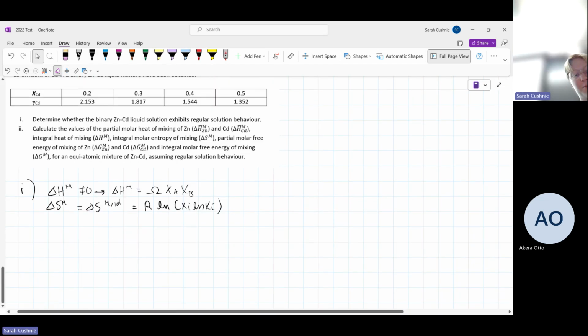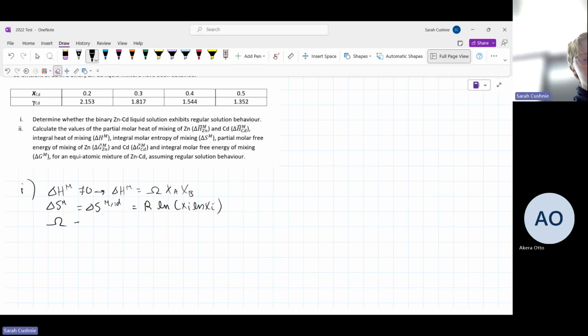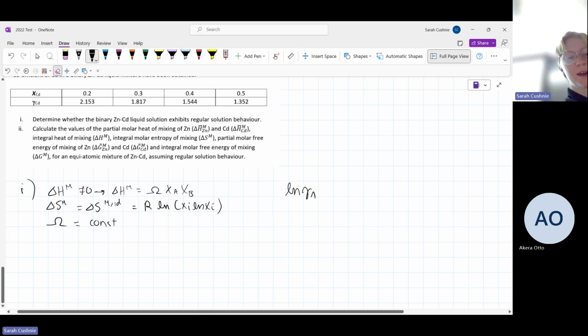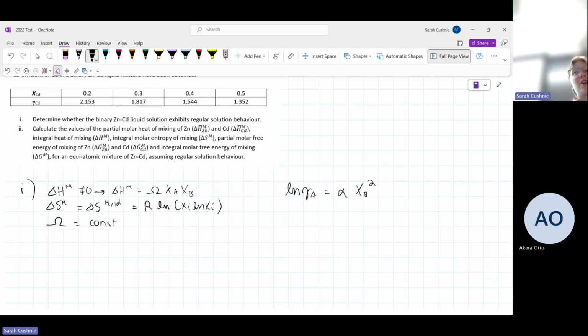That's the definition for the entropy of mixing. We also know that our omega value is going to be a constant. Remember, ln gamma A is going to be alpha XB squared. This is the equation I talked about earlier. The derivation I could not go into, but we can remember this equation and use it to derive the quantities that we actually are going to use.